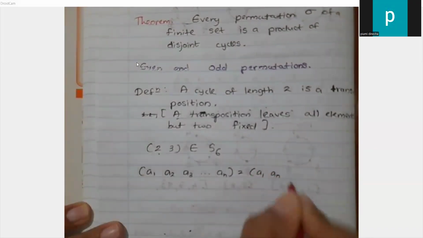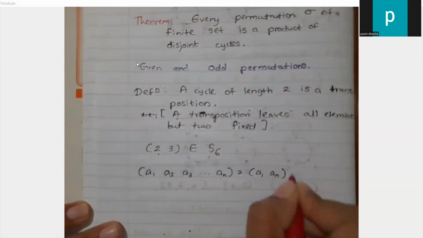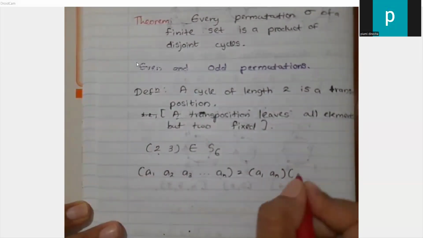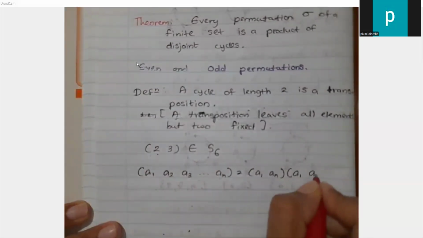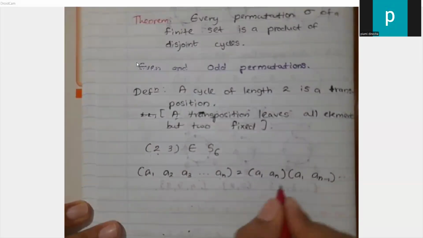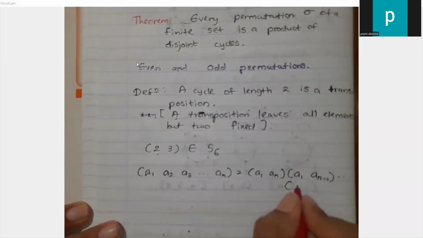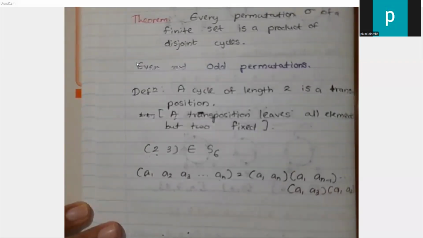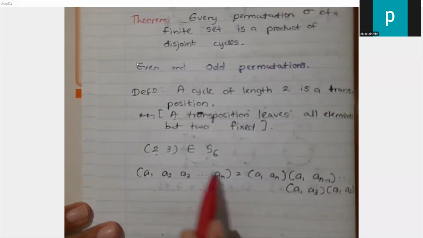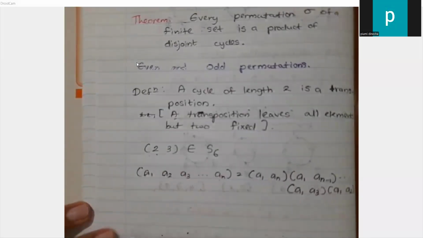We can write it as (A1 AN) times (A1 A(N-1)), and we continue this product of transpositions until we get to the last two terms, which are (A1 A3) and (A1 A2). So any cycle of length n can be written as a product of transpositions.